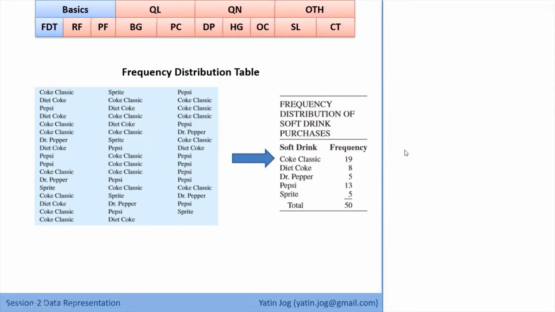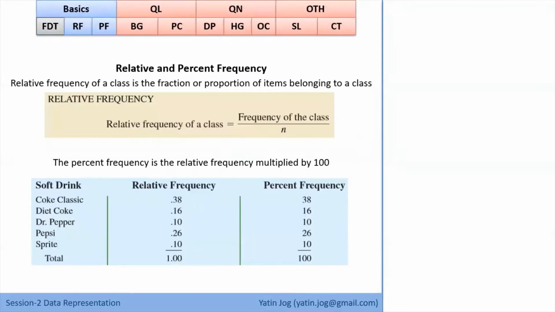I'll also show how to create a frequency distribution table in Excel once we complete all this theoretical part. The next type is relative frequency. Relative frequency of a class is the fraction or proportion of items belonging to a class. The formula is the frequency of that specific class or label divided by the total frequency.